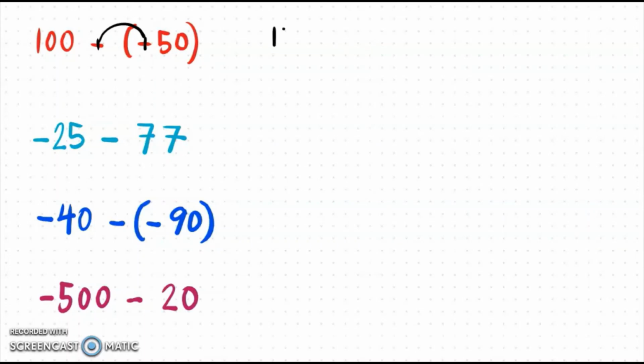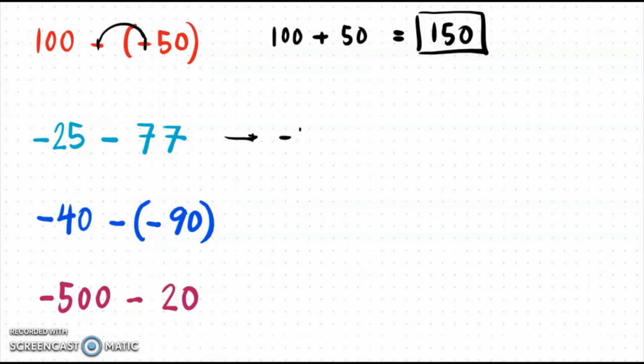So we have 100 plus 50 instead, which is equal to 150. And then for our next example, this could be considered as negative 25 plus a negative 77. So we are adding two negative integers. So the answer is a negative.